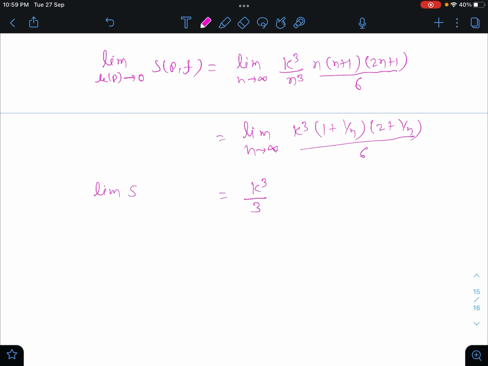So the limit of S(P, f) is k cube by 3, which is equal to the integral from 0 to k of f(x) dx. Hence proved.